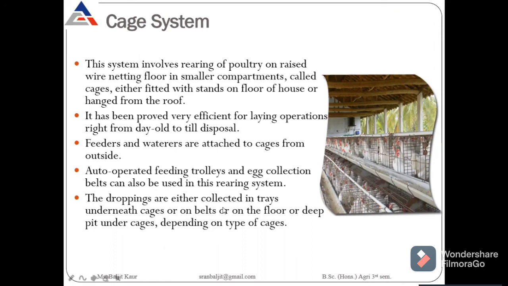The droppings are either collected in trays underneath cages, or on the belts, or on the floor, or in the deep pit under cages, depending on the type of cages. So cages are of different types, and droppings means their excreta. This can be collected in different ways, like in trays, on belts, on the floor, or in deep pits under the cages.